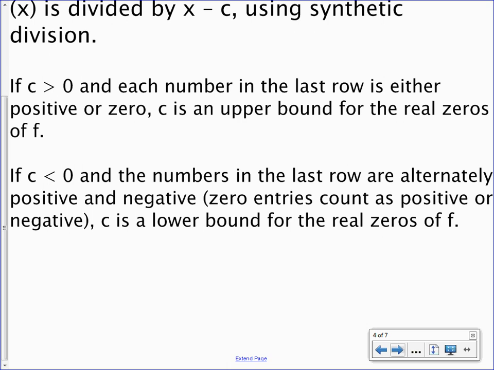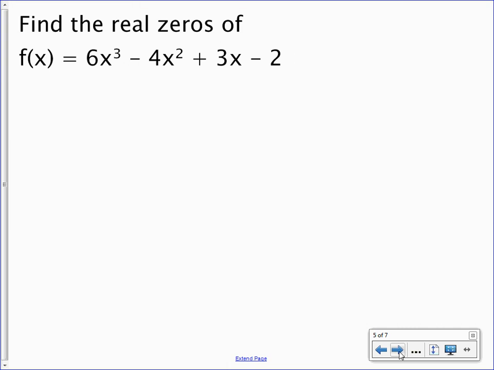Okay. So we're going to work with a polynomial, and I want to show you what it looks like to be an upper bound. I want to show you what it looks like to be a lower bound. Are you ready? Yes, Mrs. Woman. All right, here's our function.